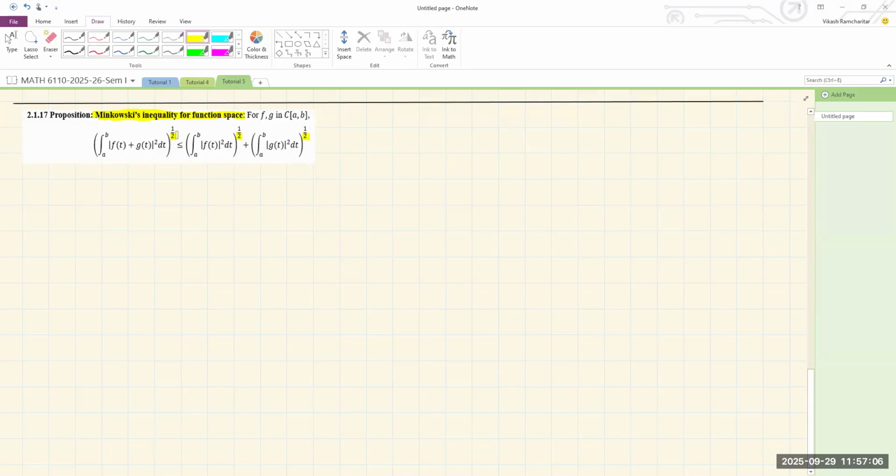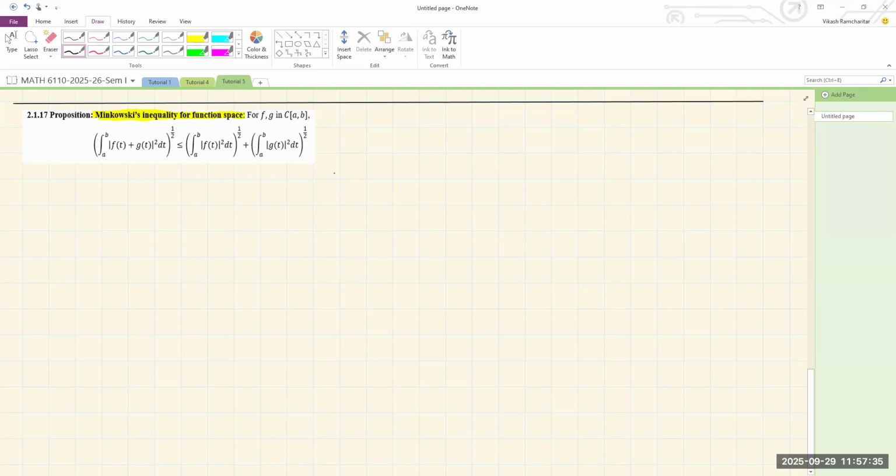To prove that more general inequality, you need something more general than the Cauchy-Schwarz inequality: you need Holder's inequality. But if you're just proving the case for when p equals 2, which is what we have in this case, then you don't need full Holder's inequality. You could prove this using simply the Cauchy-Schwarz inequality.